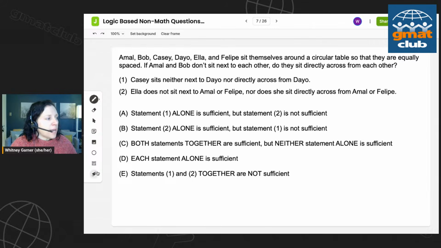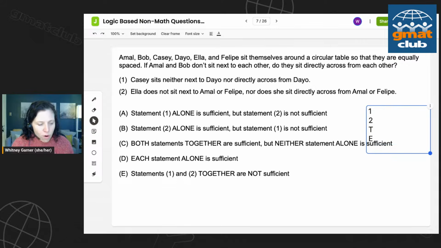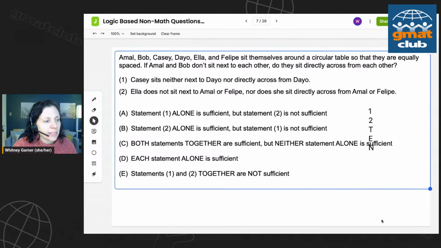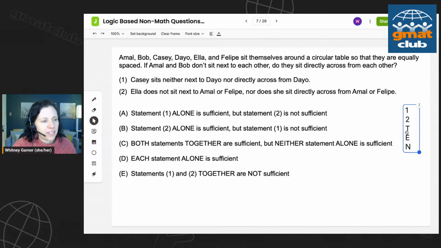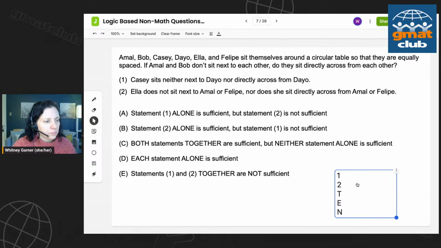There's a really nice mnemonic floating around for an easier way to memorize our answer choices. And it's this concept of 12-10. So 12-10 stands for answer choices A, B, C, D, and E. 1 alone, 2 alone, I need to use them together, either alone, or nothing.